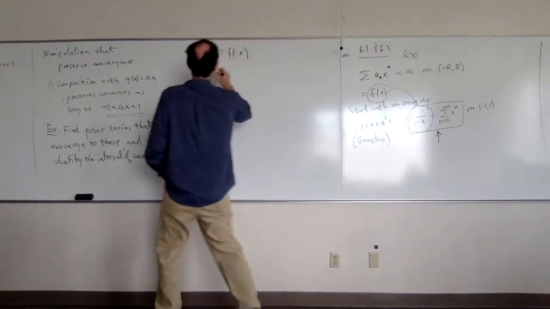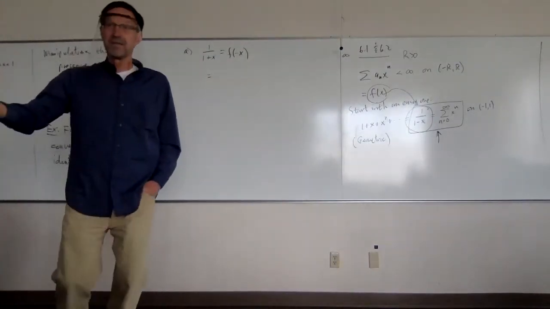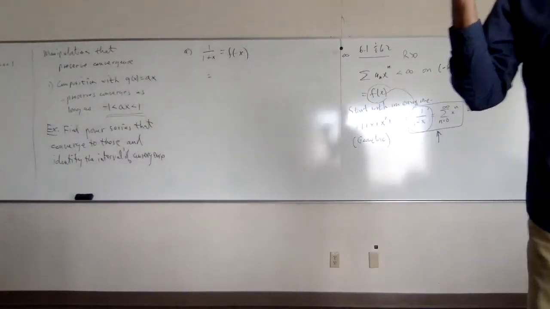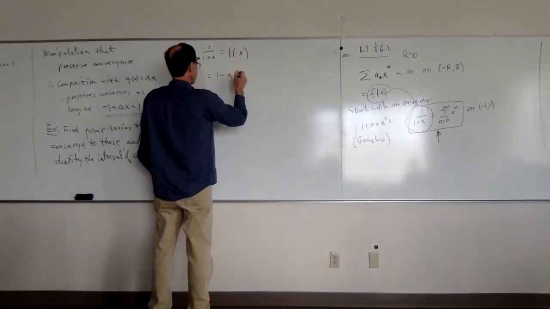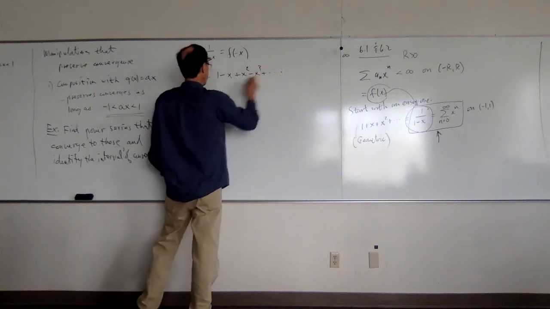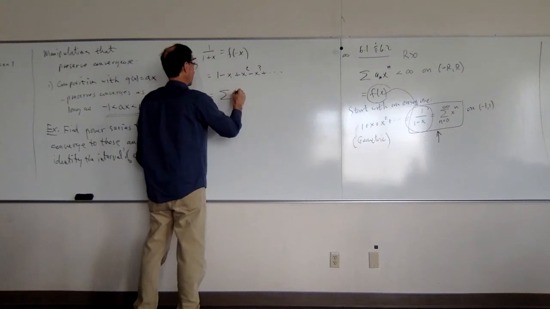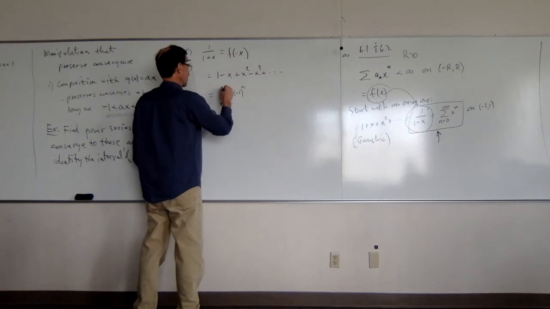No problem. When the power is even, the minus sign goes away, and when the power is odd, it survives. So we're going to get 1 minus x plus x squared minus x cubed, in sigma form, the sum of -1 to the n times x to the n, n equals 0 to infinity.